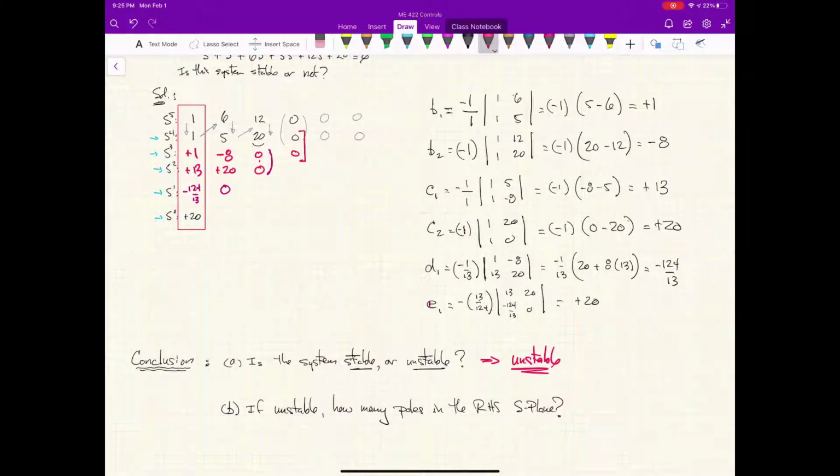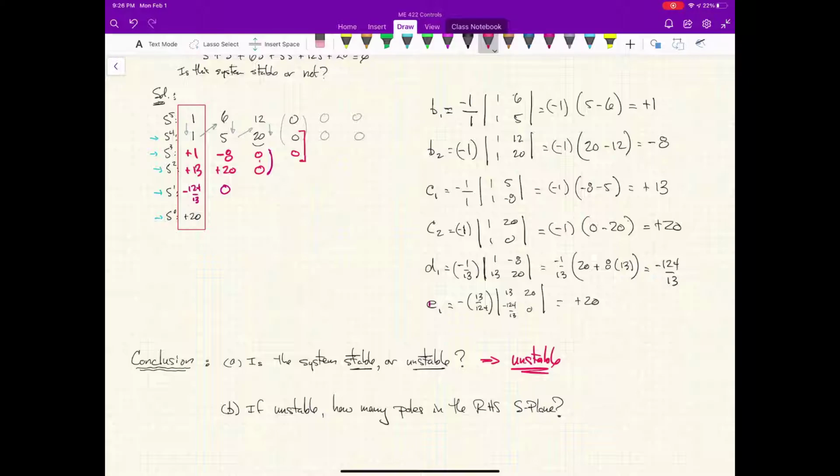And let's be careful here on how we count this. A lot of people make that mistake when they do this. The first term is plus 1. The second term is plus 1. No sign change. The next term is plus 1. No sign change. Next term is plus 13. No sign change. The next term is minus 124 over 13. One sign change. And then the last term is plus 20. So I went from minus to plus again.